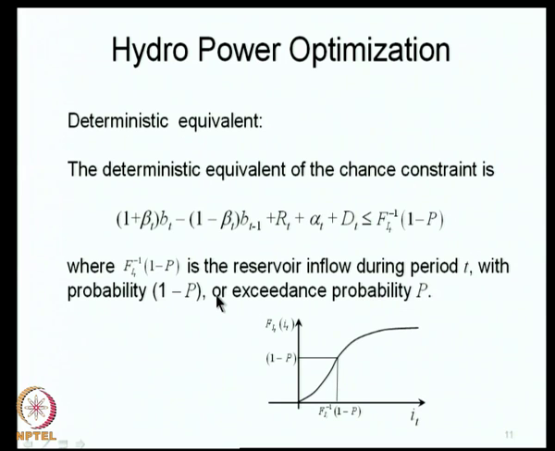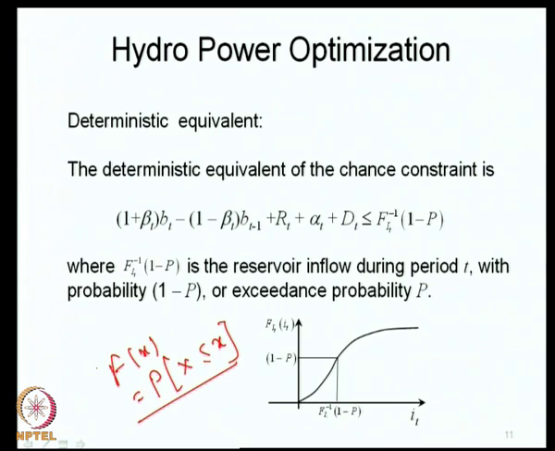that is CDF corresponding to 1 minus P, or the exceedance probability of P, that is P percentage time that flow is exceeded, because remember F of x is the probability of X being less than or equal to x.